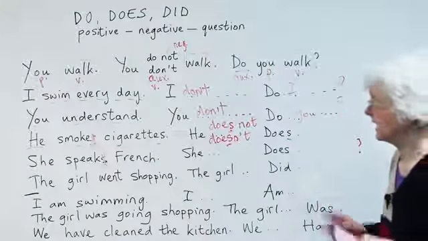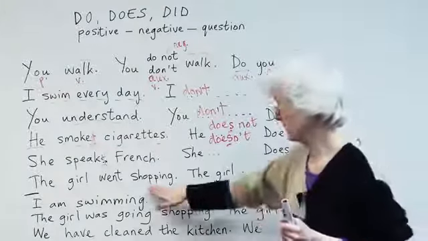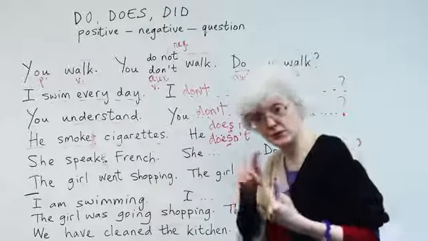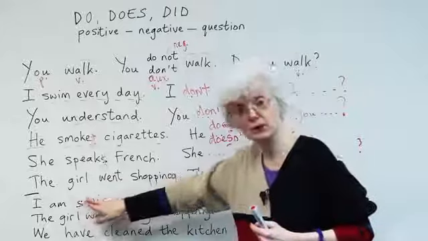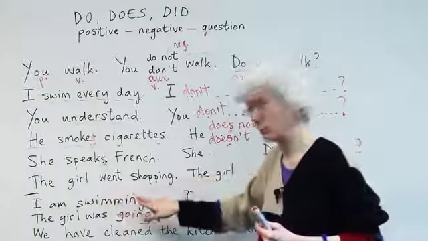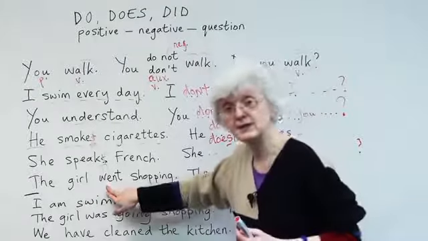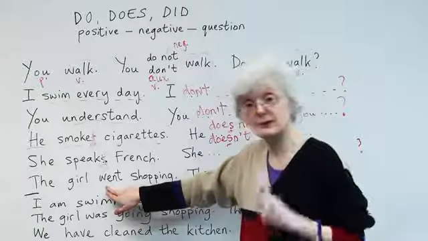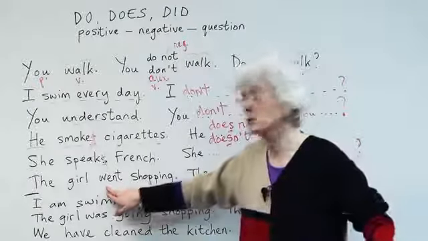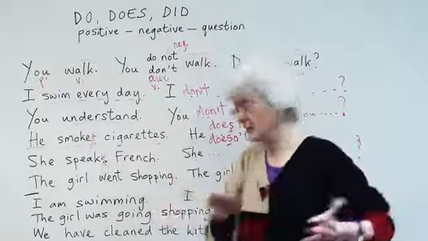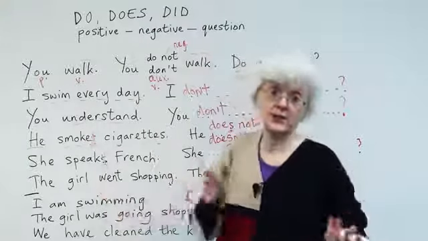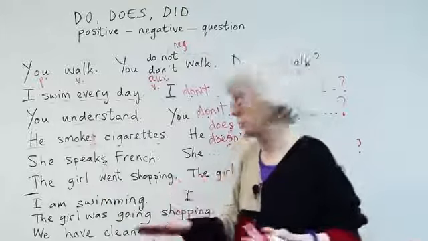Right. And one final example of where the do word is needed. So we have now the girl went shopping. So went, that's a clue that we're in the past tense now. So we've changed tenses. We've gone from the present to the past. The girl, yesterday, the girl went shopping.